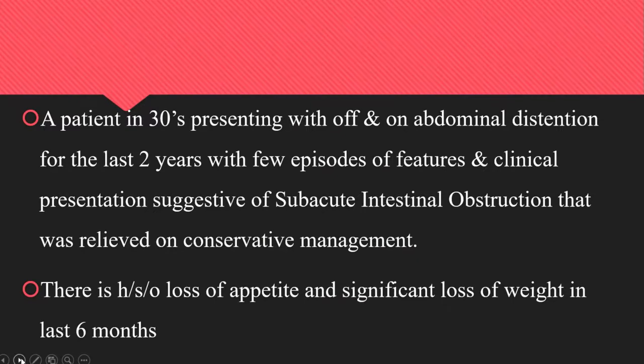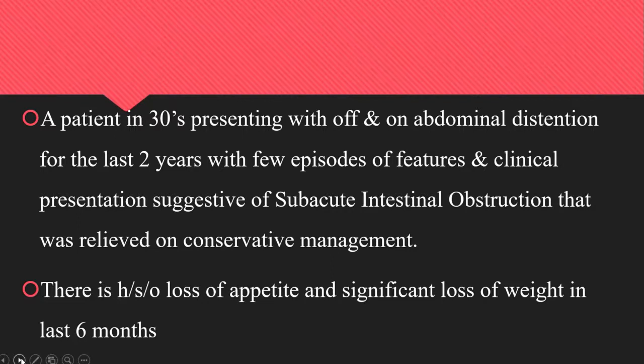A patient in his 30s presenting with off and on abdominal distension for the last 2 years, with few episodes of features and clinical presentation suggestive of subacute intestinal obstruction, SAIO.